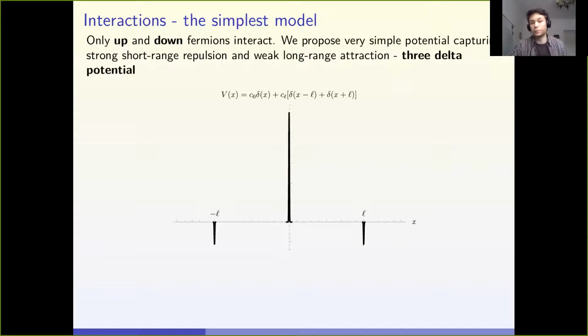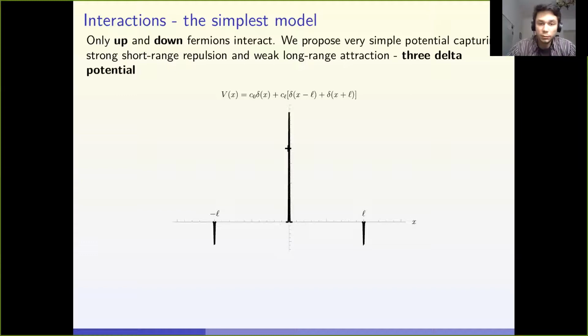So the minimal model of the potential is the three-delta potential. Instead of just one delta, you have also two additional deltas that act as a weak attraction. So this potential has three parameters. C0 corresponds to the strength of zero-range repulsion, CL corresponds to the strength of long-range attraction, and L is the characteristic length scale of the potential.